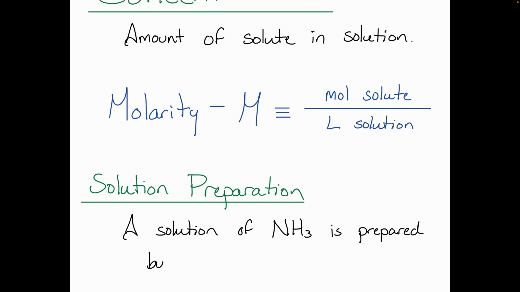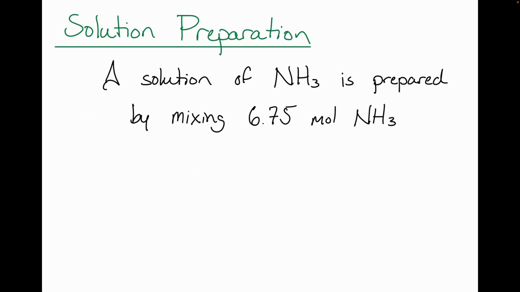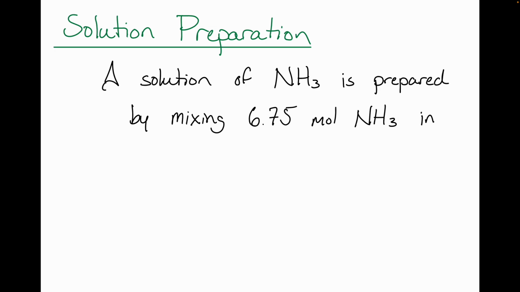A solution is prepared by mixing 6.75 moles of NH3 into 1.6 liters of solution. And we can say we're mixing it with water.